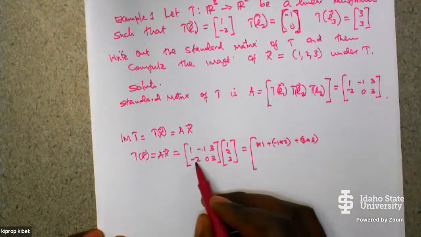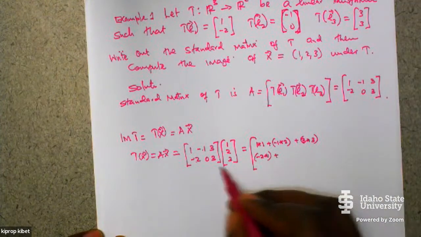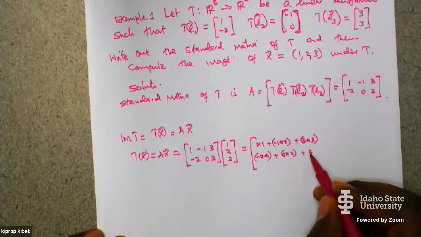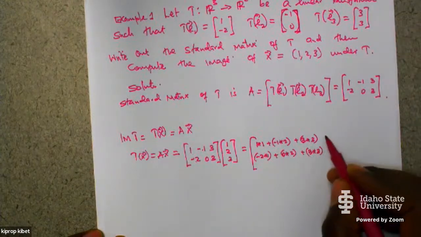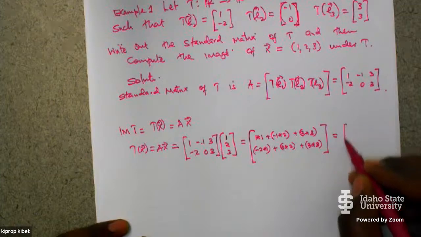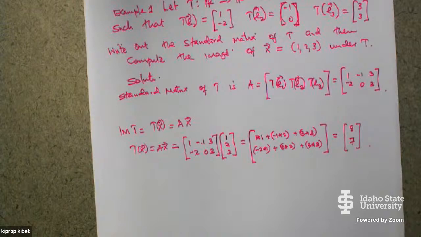Then the next one is -2 multiplied by 1 plus 0 multiplied by 2 plus 3 multiplied by 3. And then you add. So what you should get here is 8, 7.